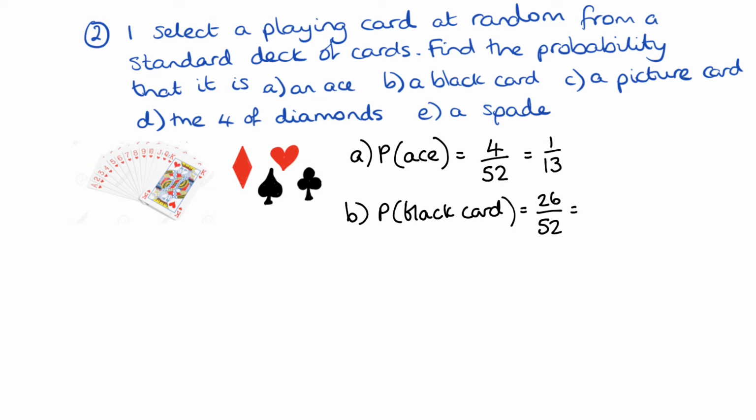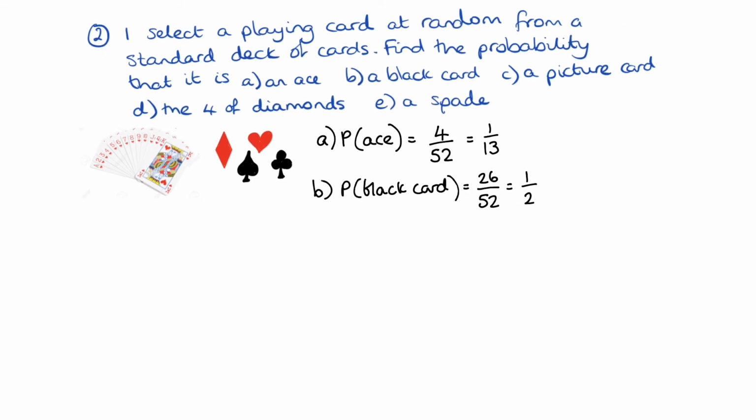Now that fraction will simplify to a half, okay? We could have gone straight to that answer for probability because a half of the pack of cards are black cards, okay? So we can go straight there if we can spot a shortcut, but we need to be careful about doing that, okay?